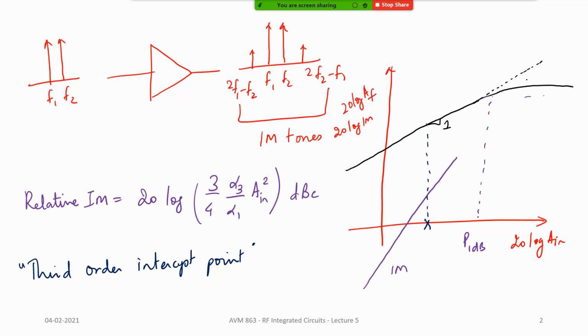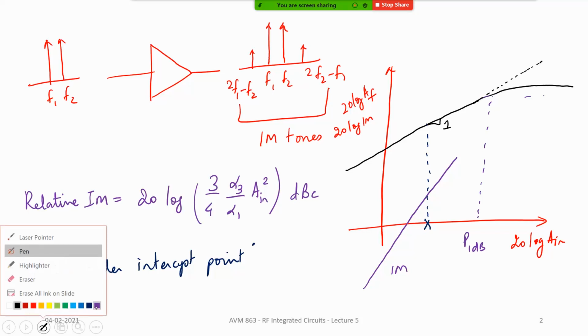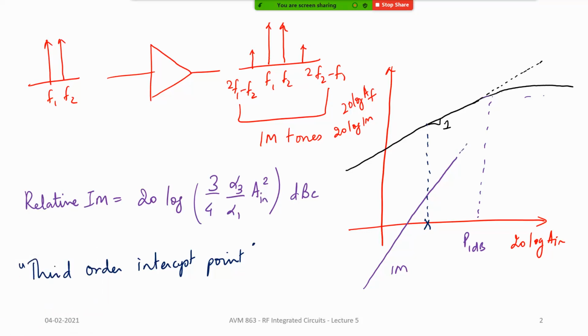But suppose you interpolate the linear region, and also you interpolate this IM tone. Once the amplitude of the fundamental itself is going to saturate, obviously even the IM components will start saturating, something like this.